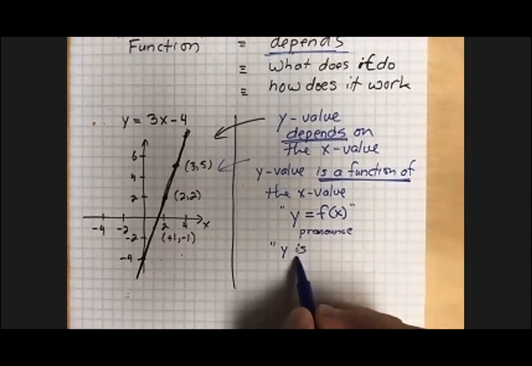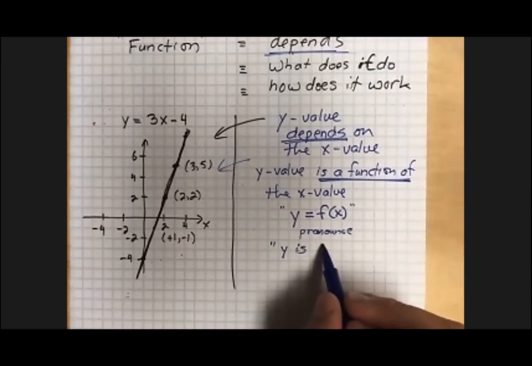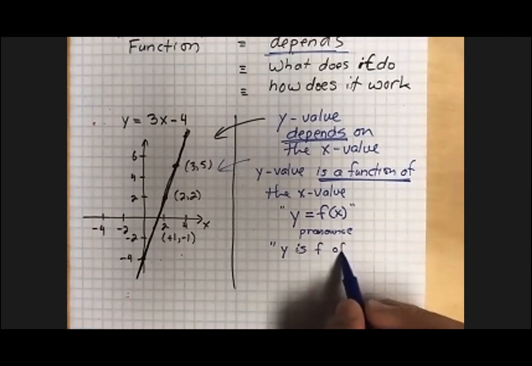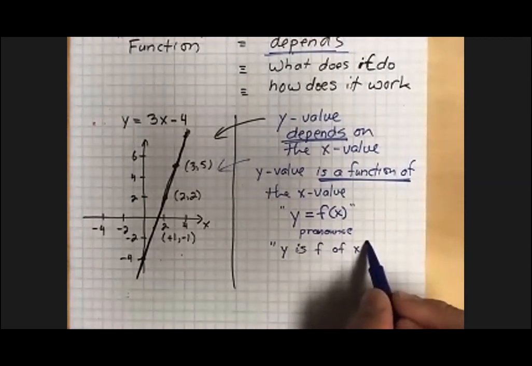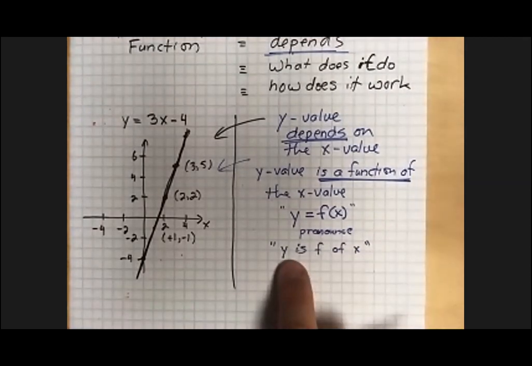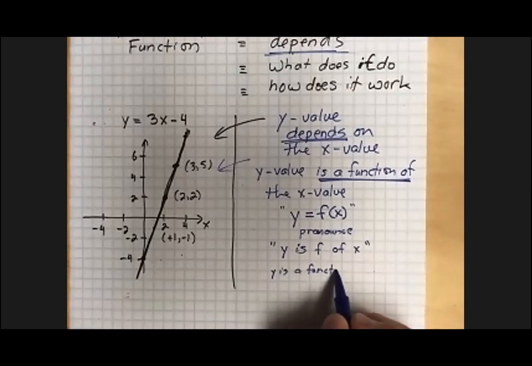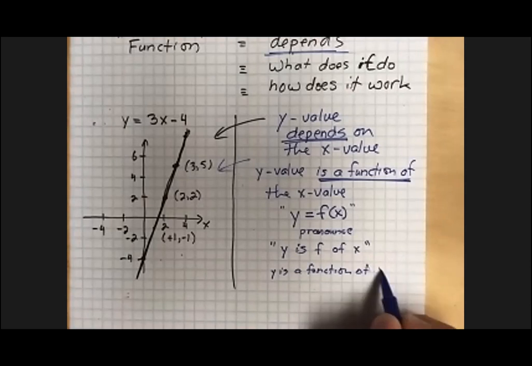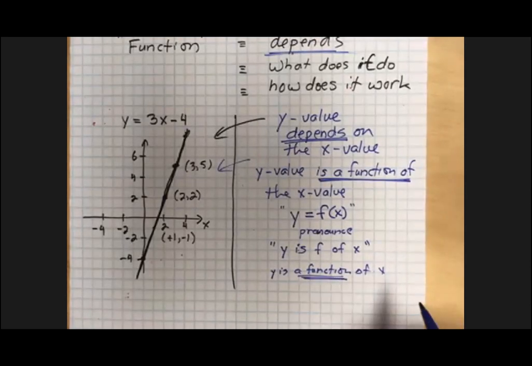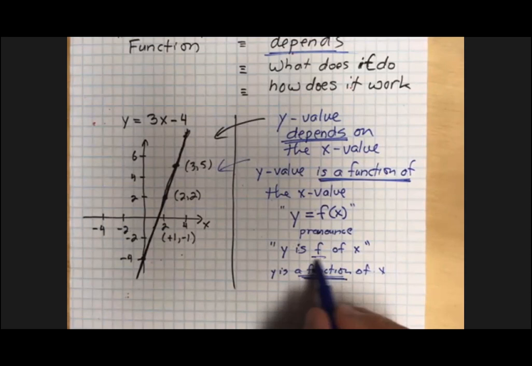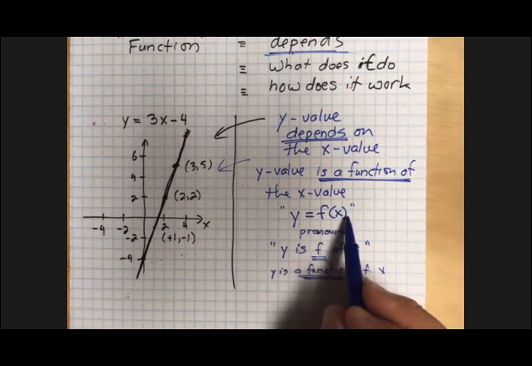Y is, equal sign means is, f of x. That is a shorthand for y is a function of x. So when you see this, you read it, y is a function of x, or y equals f of x.